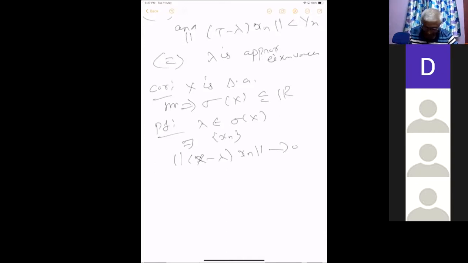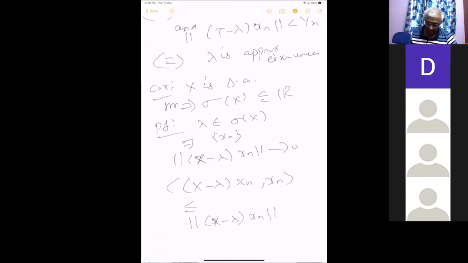This implies the inner product of (X minus lambda) x_n with x_n is less than or equal to norm of (X minus lambda) x_n times norm of x_n, and norm x_n is 1. So this goes to 0.